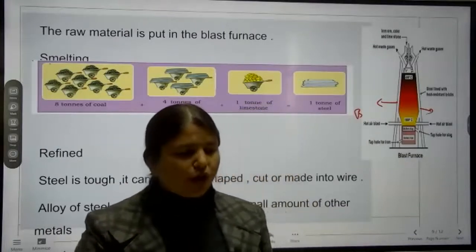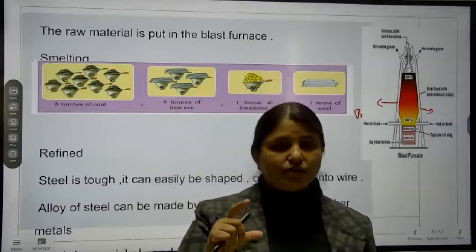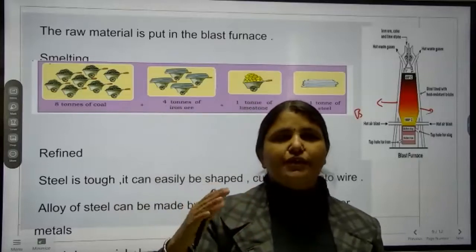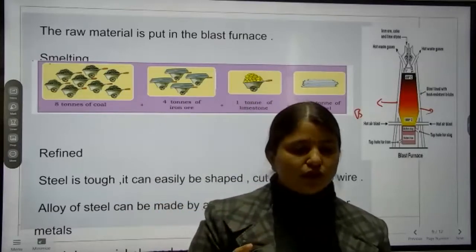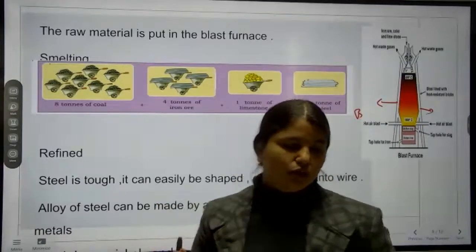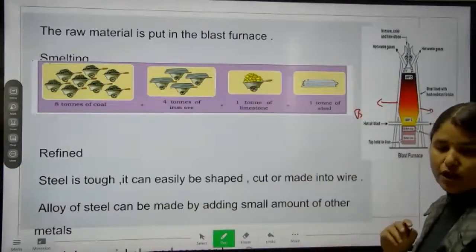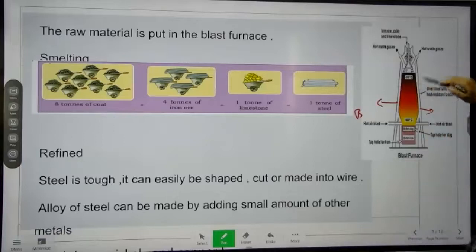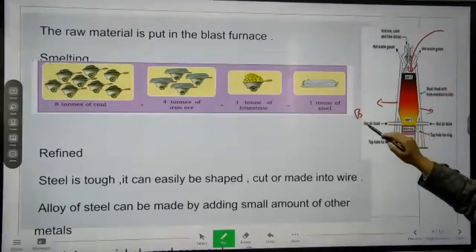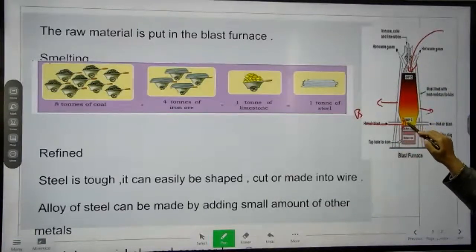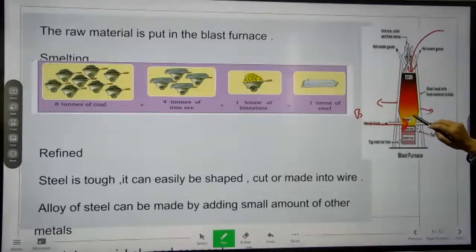Understood? So I hope in a little way, whatever we have in the introduction part, you understood what the blast furnace is. Look at it once again, so don't keep any doubt in your mind. This is the blast furnace. From here they give the iron ore, limestone, etc. From here they do the blast of hot air inside. And when the blast happens, the temperature reaches 1500 degrees Celsius.